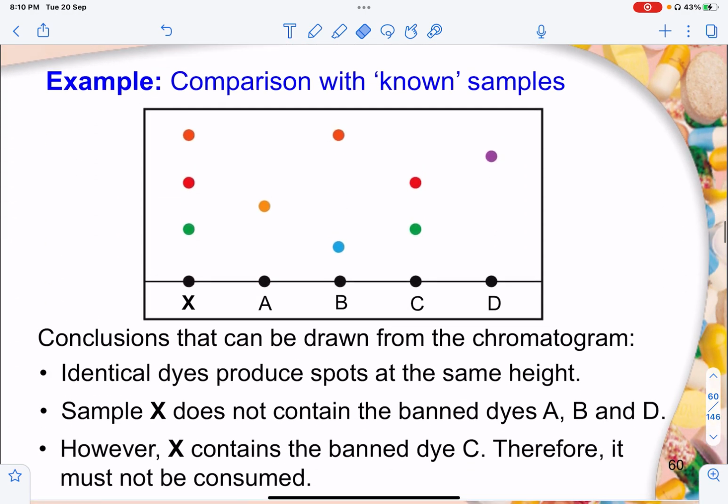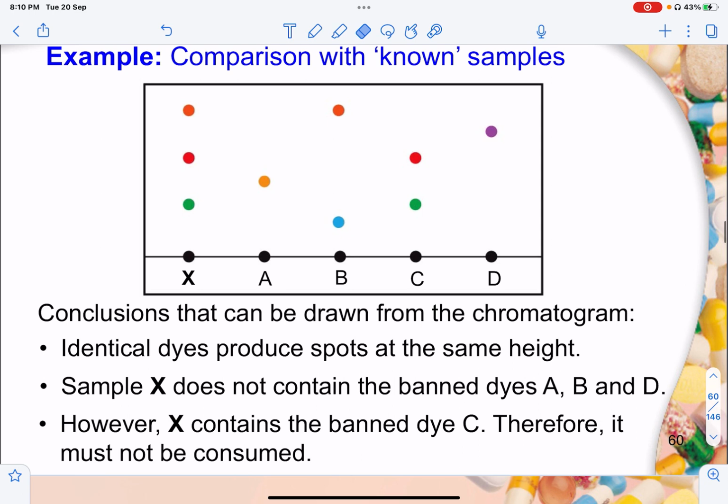When we run the chromatography, the chromatograms of the known drugs are stated here, which are very clear, whereas X is the unknown. So how do we know what drugs are found in X? Based on the unknown, which is X, we cross-check using vertical lines to see if there is any form of intersection.